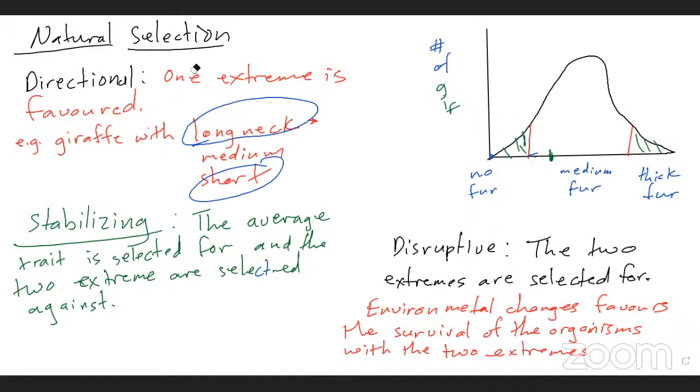So the peak, it would drop. It is going to dip. So this part is going to be high, right, because it is selected for. And then it dips because the medium, the average, is selected against.